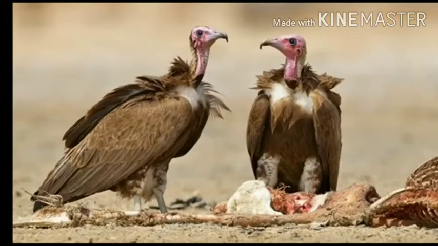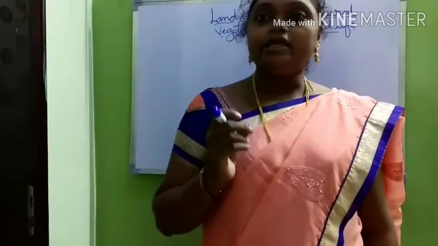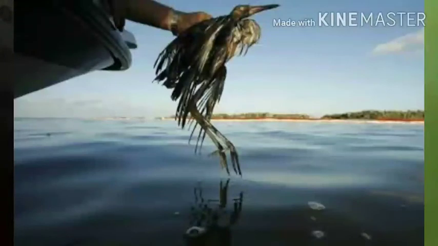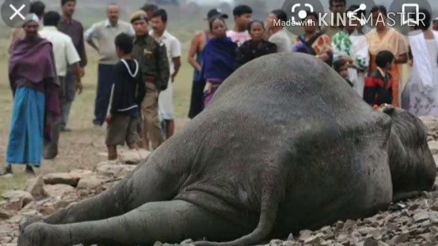There will be a balance, so the relative number of species is not disturbed. Laws are passed against the trade and killing of birds and animals in many countries. In India, killing lions, tigers, deer, great Indian bustards and peacocks is illegal.